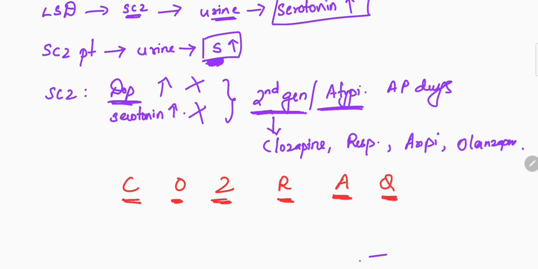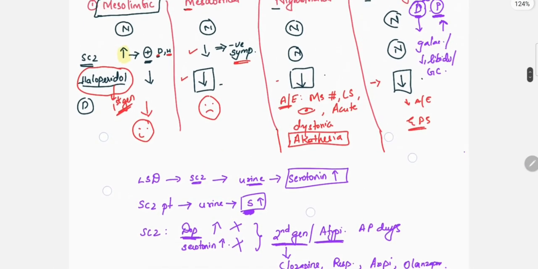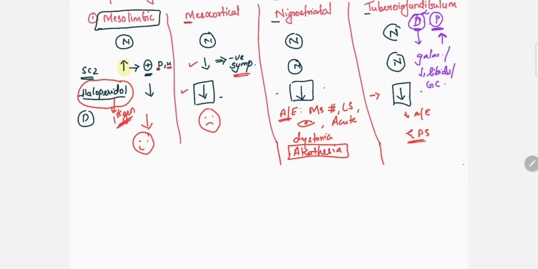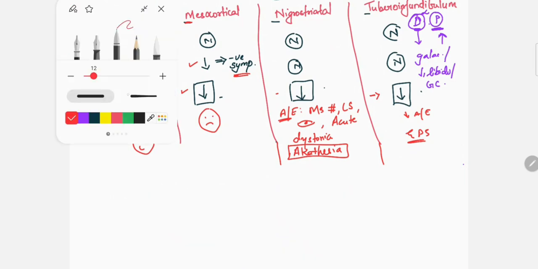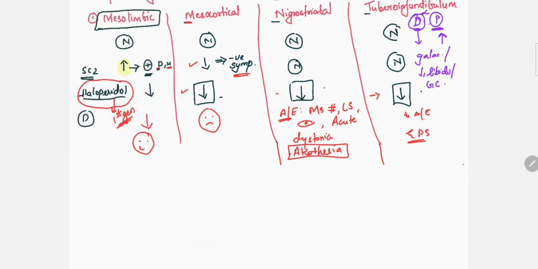I'll tell you how it works, guys. When we give, let us say, the second generation antipsychotic clozapine, what happens to each tract? Just see in schizophrenia, the dopamine levels are increased.